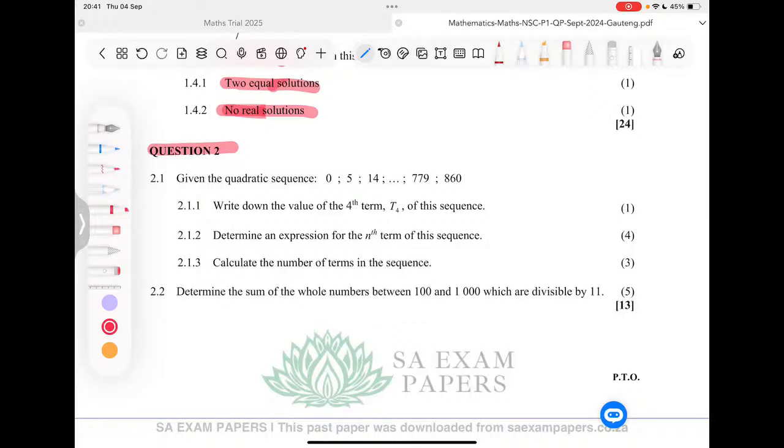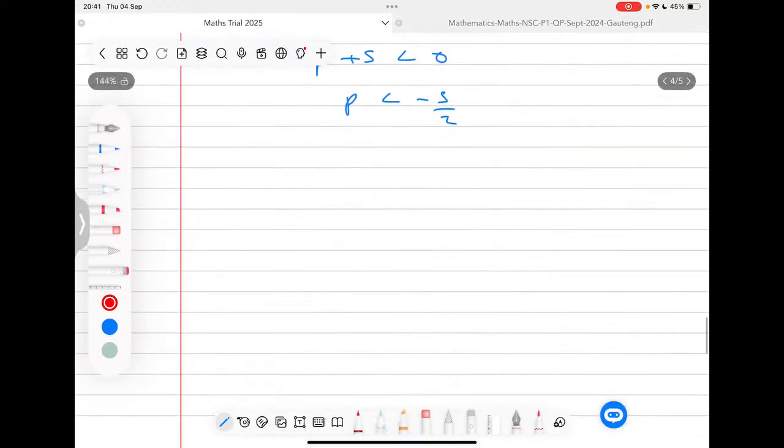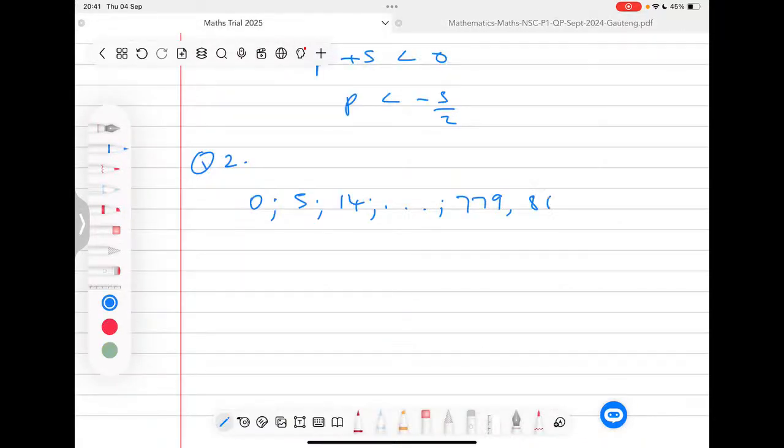So now let's put this sequence down. We are on question 2 and we are given 0, 5, 14, and this continues until it gets to 779 and also 816.